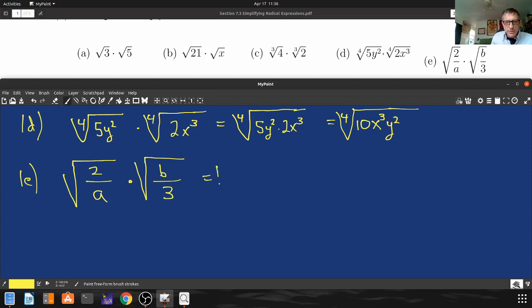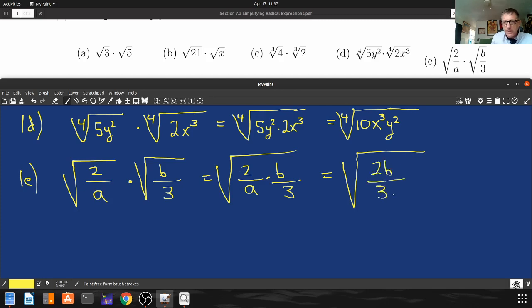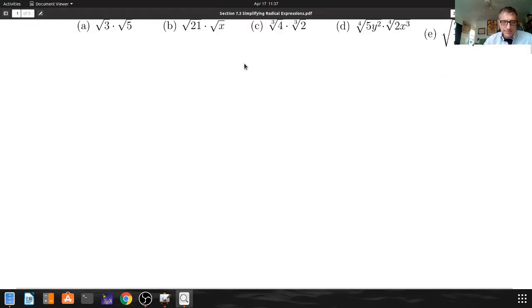So this is equal to the square root of 2, not a, but rather 2 over a times b over 3. So that's just equal to the square root, nothing fancy here, of 2b over 3a. So that's a pretty simple rule to use, and it will come in handy.